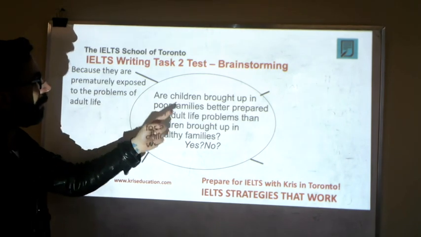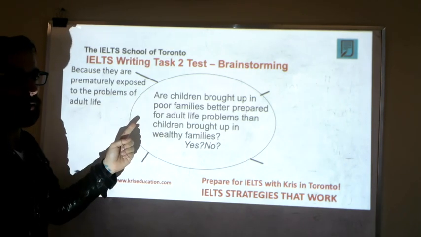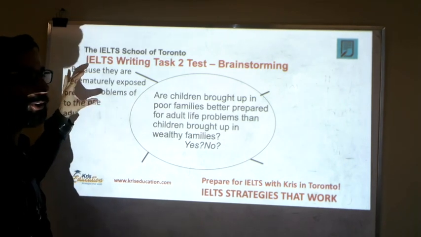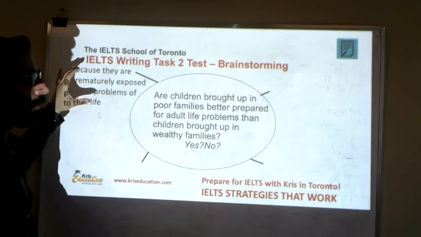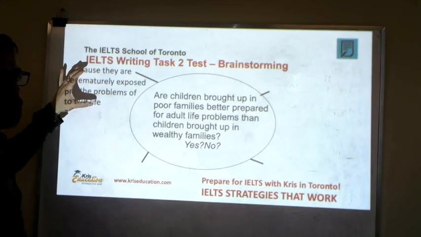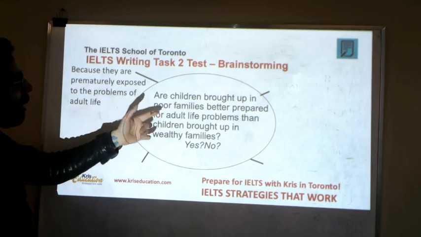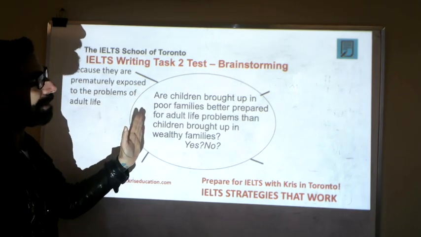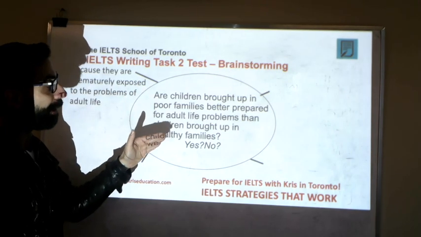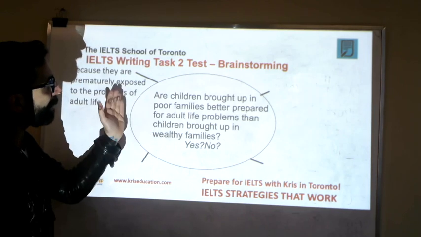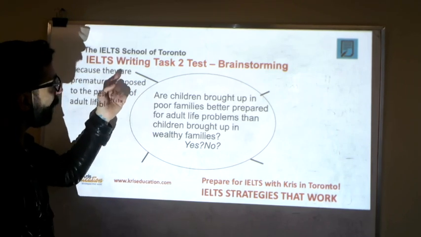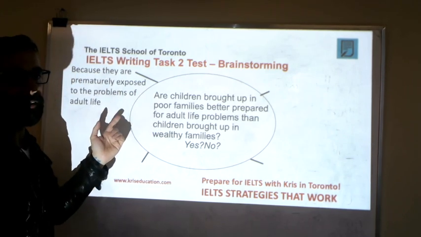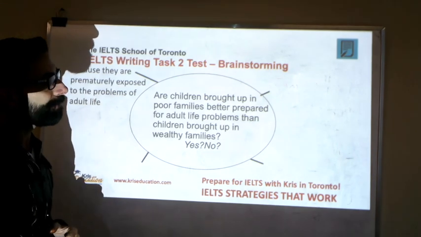If the idea clearly answers the question, you're doing a good job, because the idea, your opinion here, is very relevant. If the idea does not answer the question, in that case, most likely you would lose points, because the examiner will classify this idea as irrelevant.